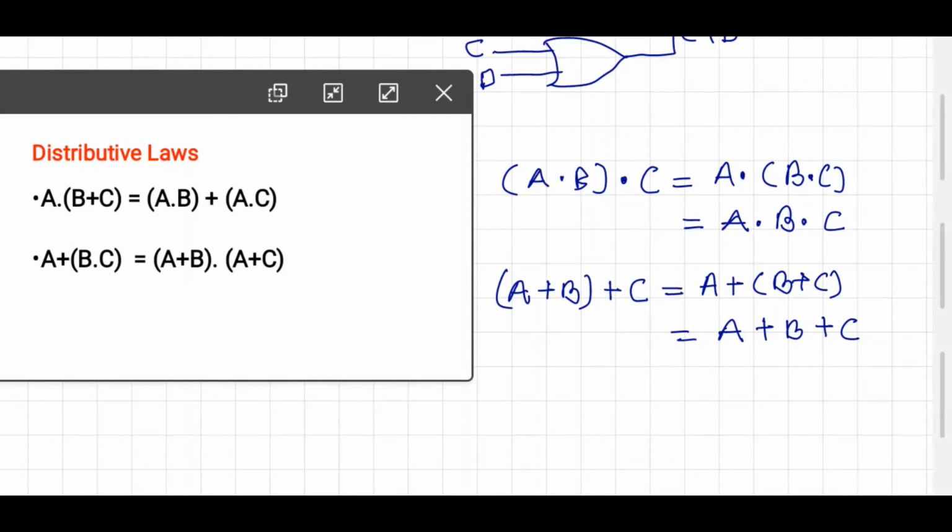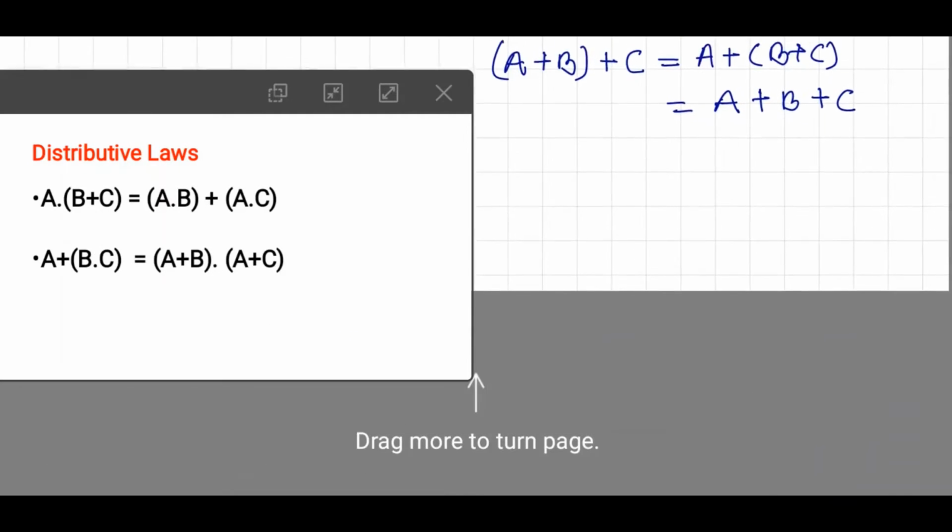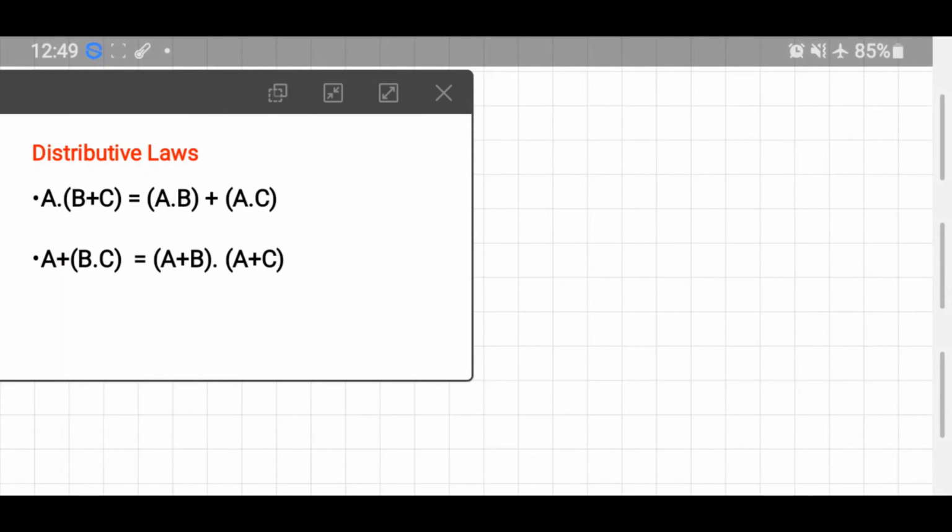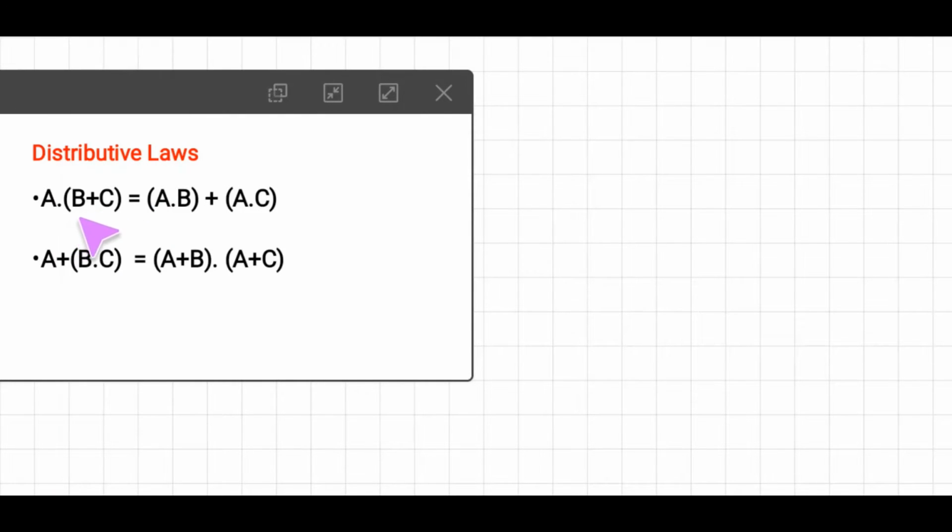Next, the distributive laws. Here A is ANDed with (B or C).